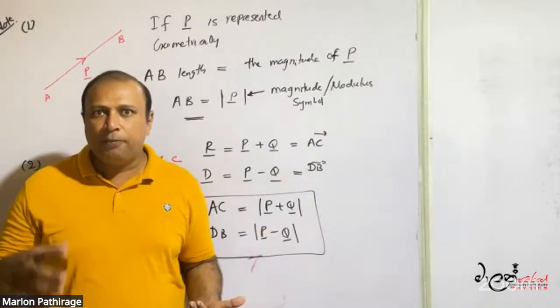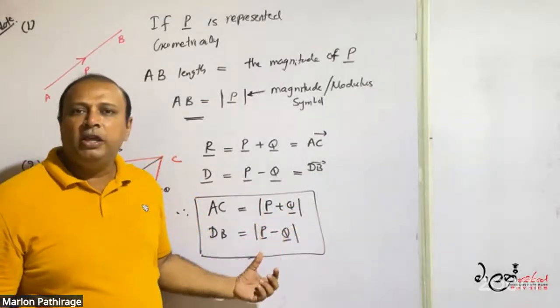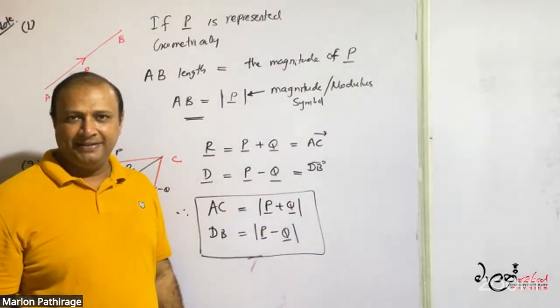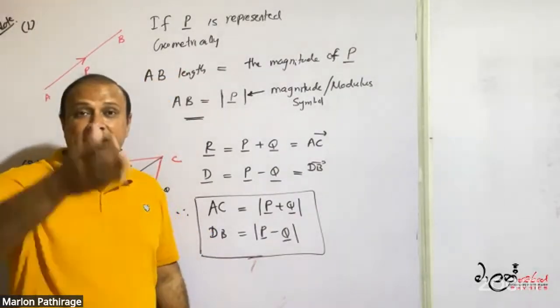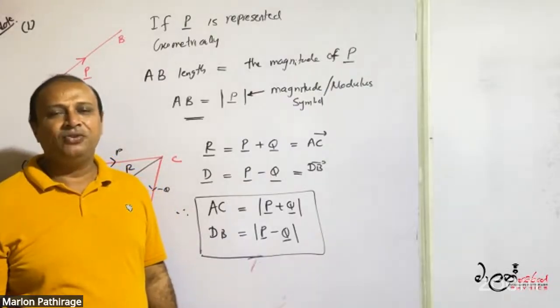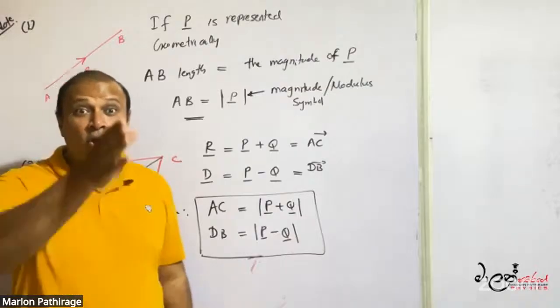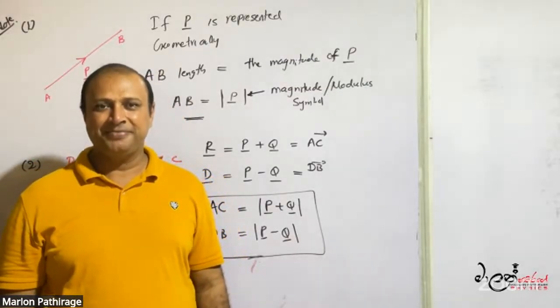Suppose you are given that the modulus of P plus Q is equal to the modulus of P minus Q. That means the lengths of the two diagonals are equal. Then you can understand what kind of parallelogram it is.